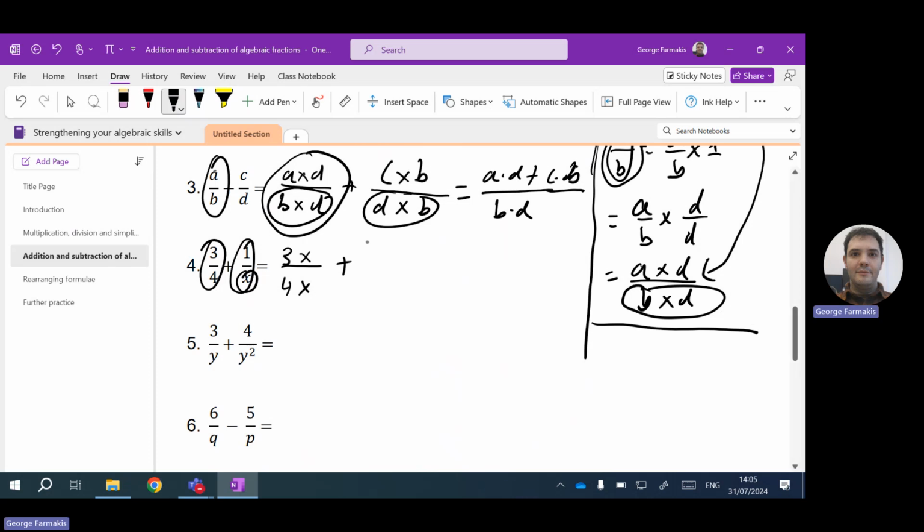Now we take the second fraction and multiply numerator and denominator with the denominator of the first fraction, so times 4. So you see we have now same denominators, 4x, and we can just add the numerators: 3x plus 4.